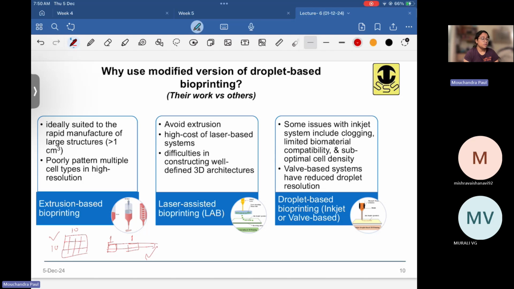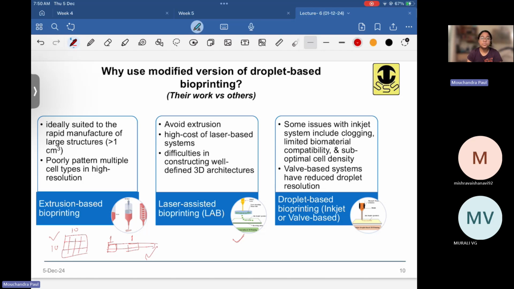Okay, so these are the advantages and disadvantages of extrusion according to them. And there is another technique that we haven't discussed yet. We will discuss it next week, and after this we have one more. So in this course, we will talk about four bioprinting techniques. This is the third one.